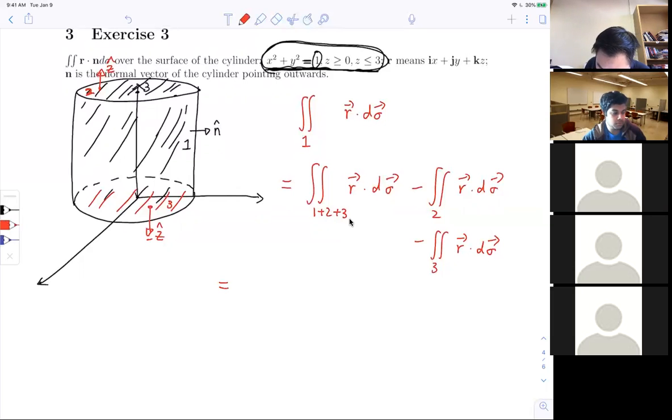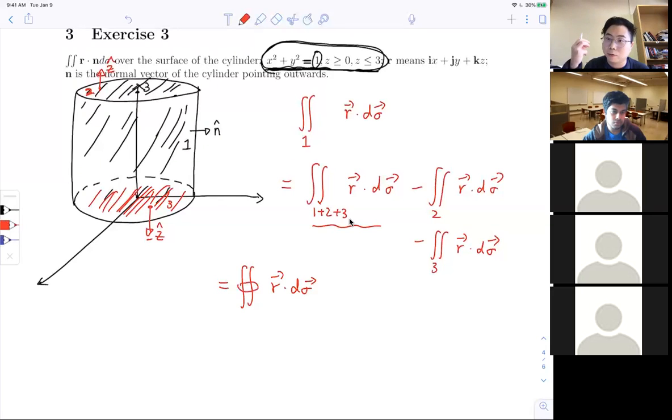So the first term becomes a closed surface integral of this cylinder, including those two disks. This is the reason why I chose the normal vector of the third surface, this disk, pointing downwards.